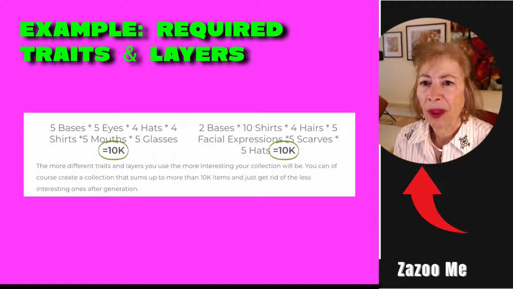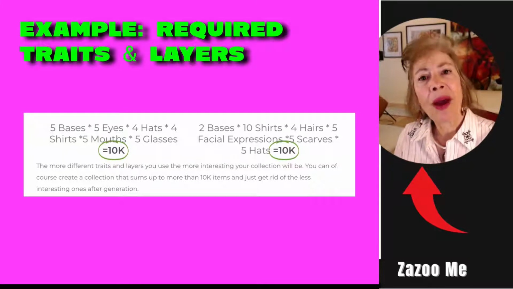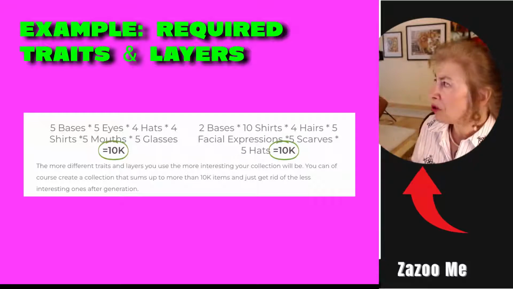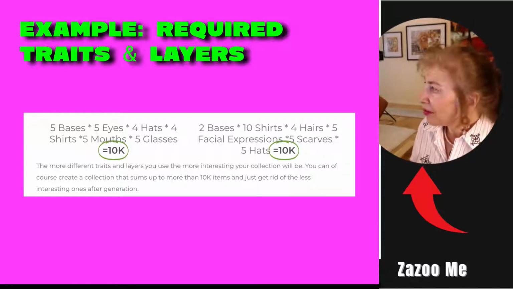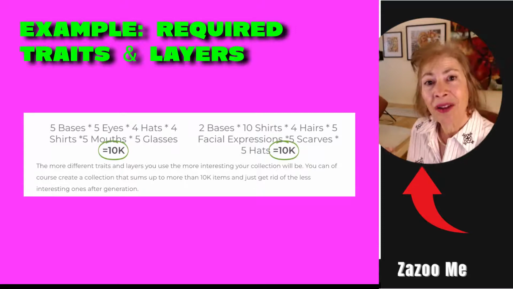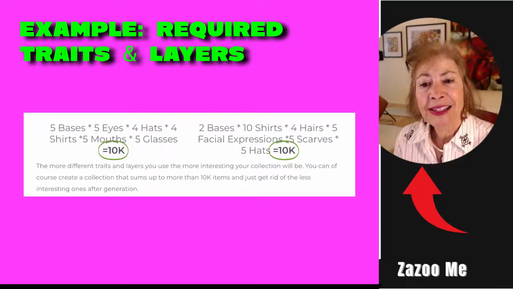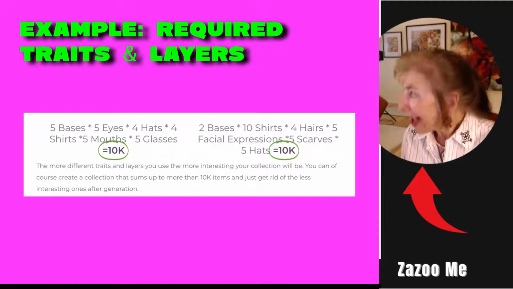I will show you. For example, if you have 5 bases times 5 eyes times 4 hats times 4 shirts times 4 mouths times 5 glasses, that doesn't sound like a lot, does it? But now you've created 10,000. All the different variations multiplied in all the different ways. And this is why you don't need that many.